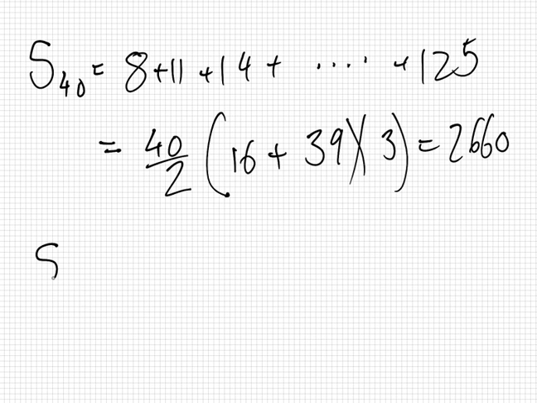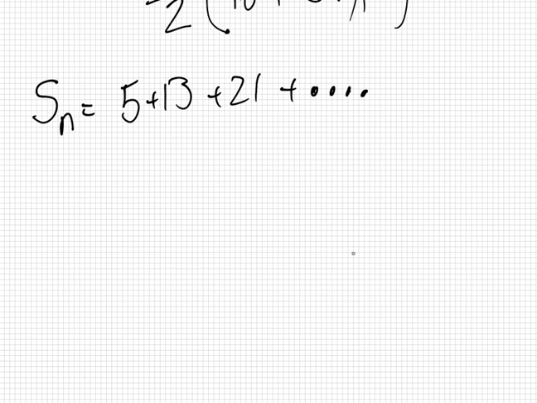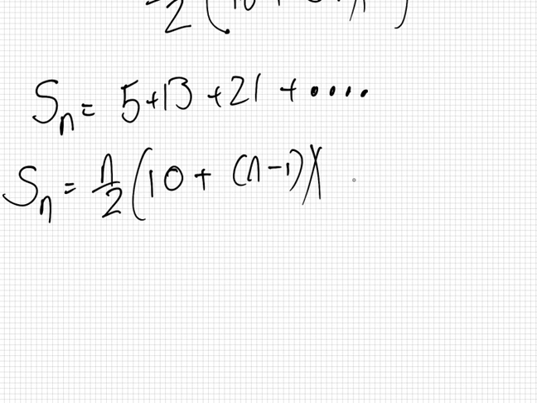6A. So I want the sum of the first n terms. So in this situation, I do not tell you how many terms there are. I want you to leave it as n. So we get Sn equals n over 2, 2a plus n minus 1 times d, which is 8, isn't it?